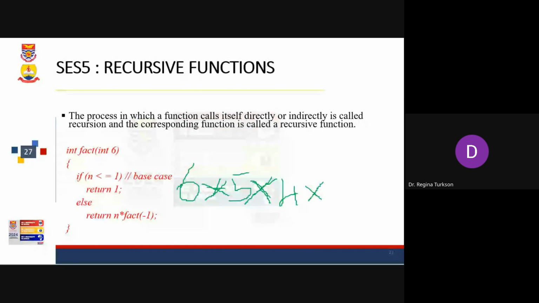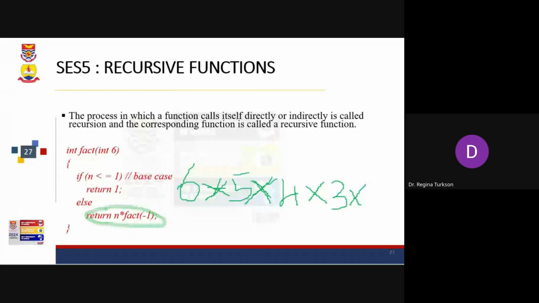Then we go through the loop again. 3 is not less than or equal to 1, so we go to the else section. The else section says return n. Our n is 3, so we return 3 times factorial of 3 minus 1, that is 2 factorial. So we go through the iteration again. Is 2 less than or equal to 1? No. So we go to the else section, and it says return n times factorial of n minus 1.